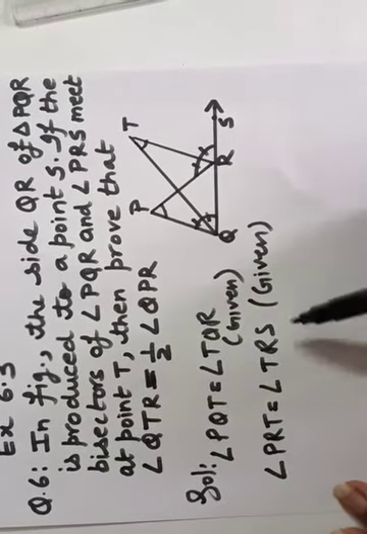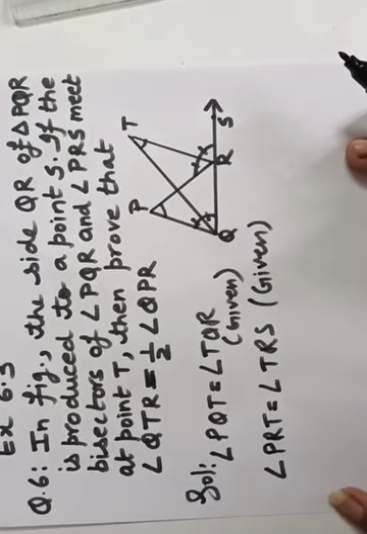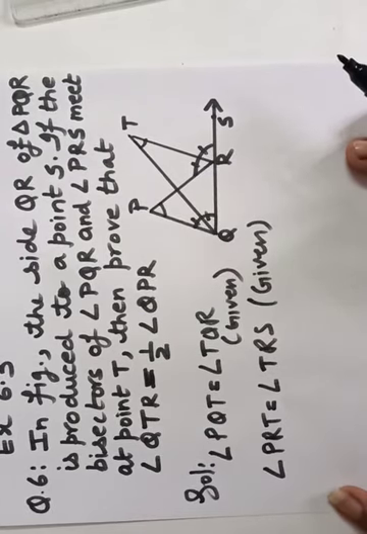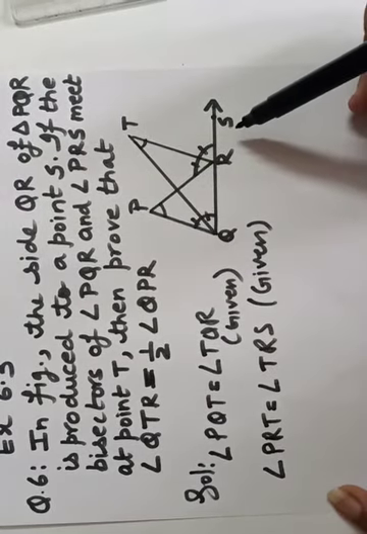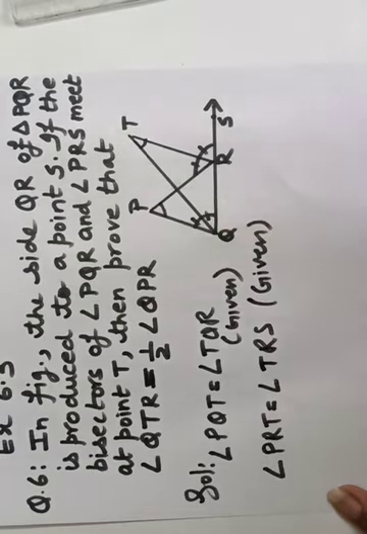So these two things we know. Now come to the exterior angle property. Here we can see that angle PRS is the exterior angle of triangle PQR.